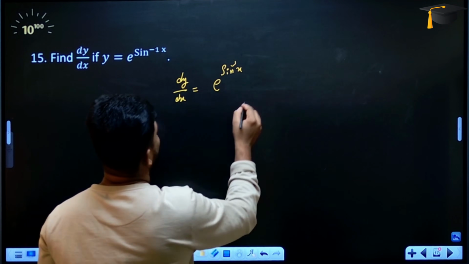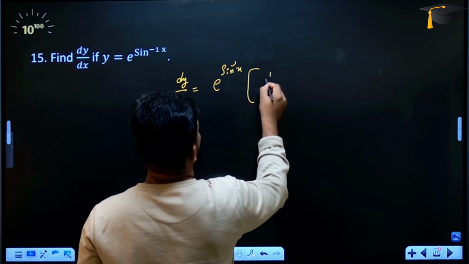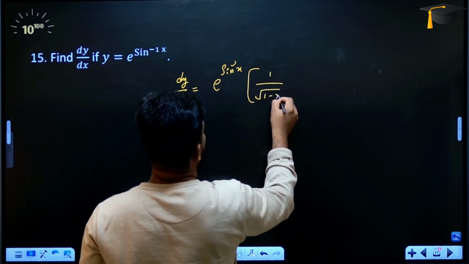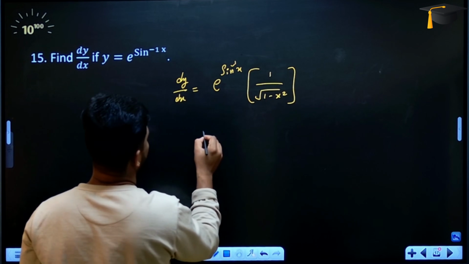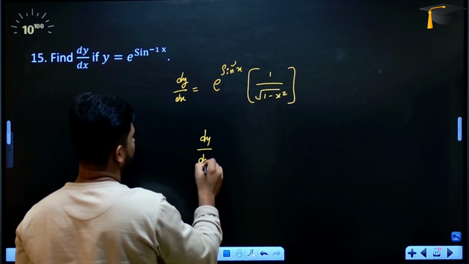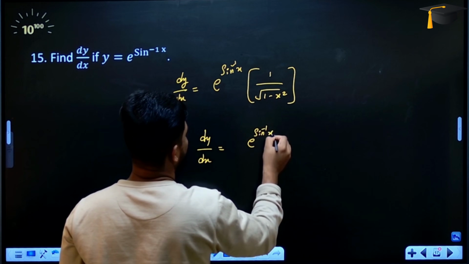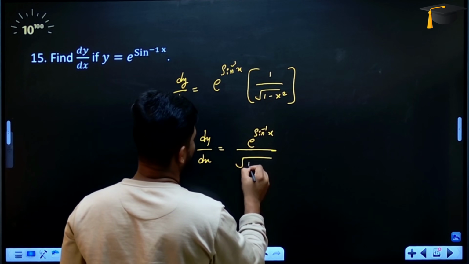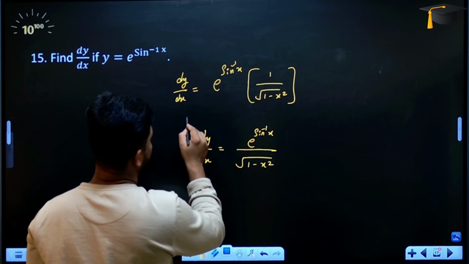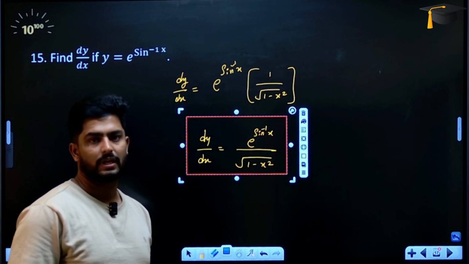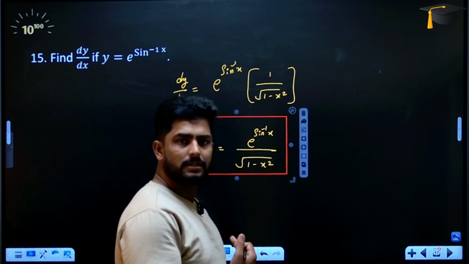After that, what is sine inverse x differentiation? It is 1 divided by root of 1 minus x square. So if I have to rewrite this, dy by dx is equal to e to the power sine inverse x, whole divided by root of 1 minus x square. So this is the final answer. This much you have to do. Clear? Okay, if you do this much, it is actually a 2 marker.